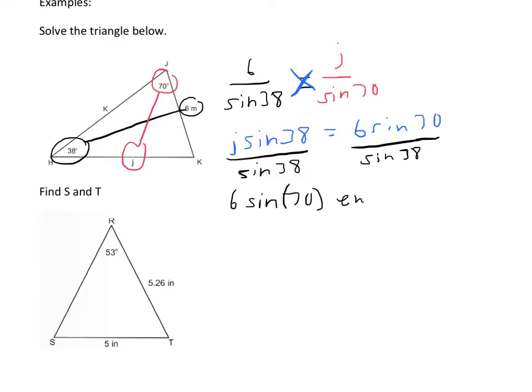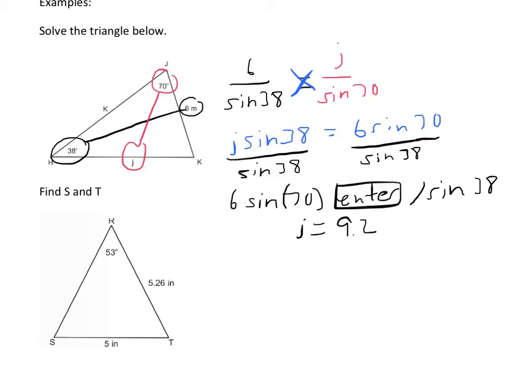And I would push enter and see what you get. And then I would go divided by sine 38. And that should give you a value for j equal to 9.2.